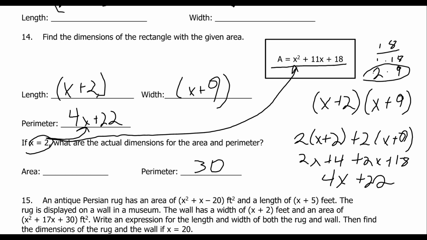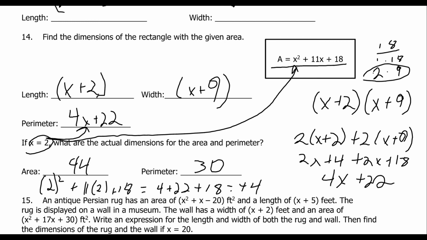Alright, so we got 2 squared plus 11 times 2 plus 18, which is 4 plus 22 plus 18. 18 and 22 is going to be 40. 40 plus 4 is 44. So there we go.